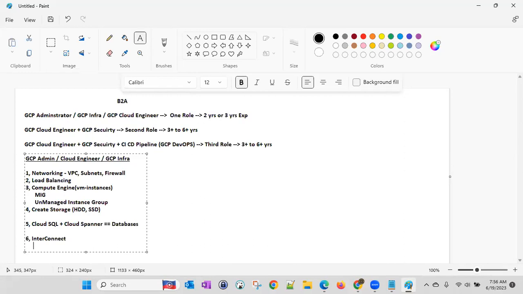That is one more important topic: Cloud VPN, Cloud Router. What is the use of a router? If you take an internet connection, you need a router, right?